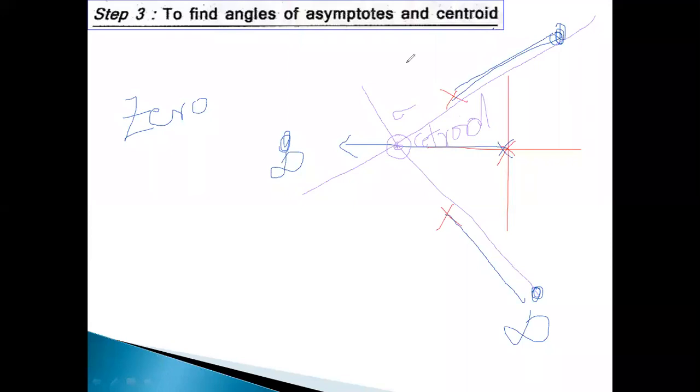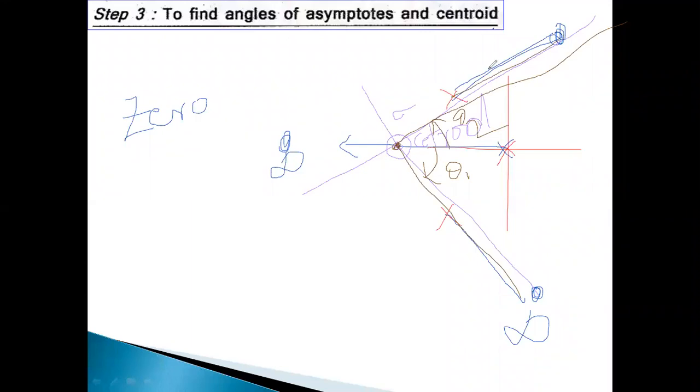And one more thing, this is nothing but the angle of asymptotes, maybe theta 1 or theta 2. So first we have to calculate the centroid and the angles of asymptotes. Once we know the asymptotes, parallel to them we can draw the root locus branches.